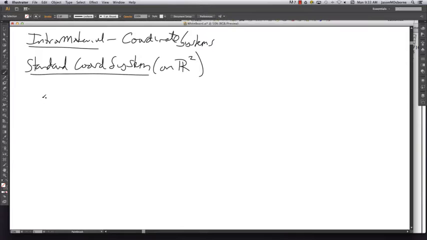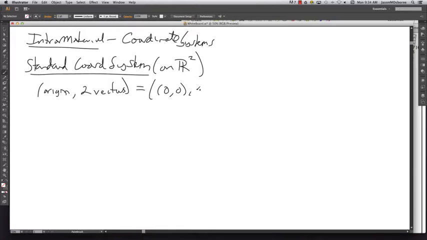The standard coordinate system on R2 consists of an origin, and it consists of two vectors. Because it's the standard coordinate system, we want to choose our origin as the standard origin 0, 0.